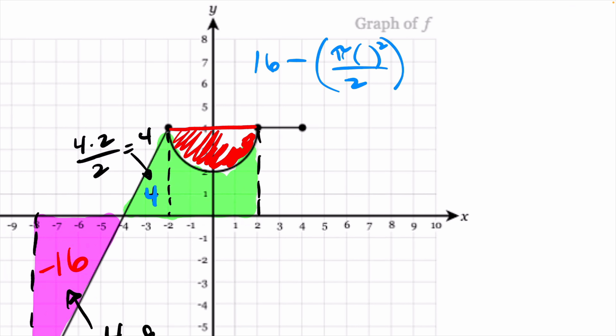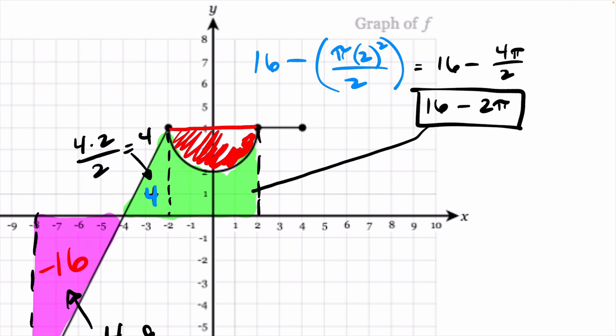What is the radius of that red half circle there? 2. So it's 4 pi over 2. So we have 16 minus 4 pi over 2, which is 16 minus 2 pi, right? That guy is right there.